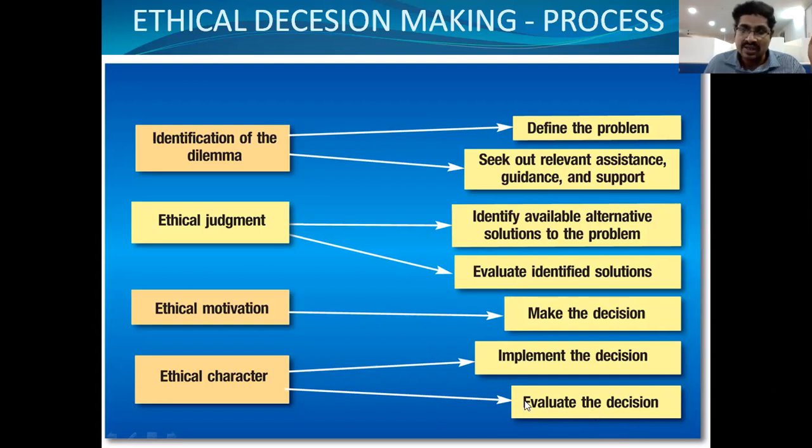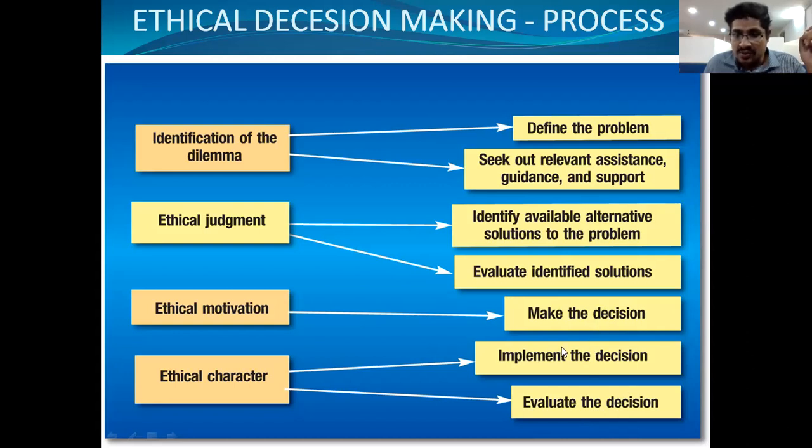So here we have 2 points: evaluate identified solutions and evaluate the decision. Evaluating the identified solutions means listing out the merits and demerits of each and every alternative identified in the previous step. Each and every decision should be evaluated here. But in the last point, evaluate the decision means we have already chosen the best thing.